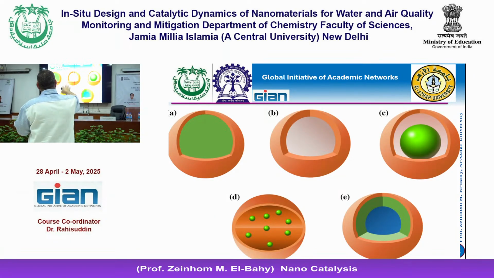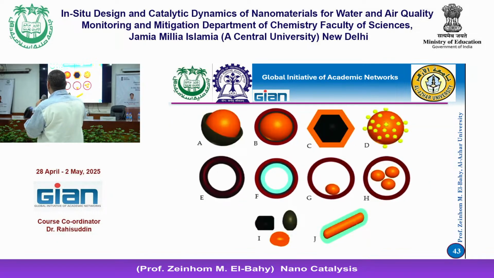The third one is a core but small. Number D is different cores with one shell, and number E is different shells with one core. In this case, each shell, if it is not the final one, will be a core for the next one. And these are other different shapes.